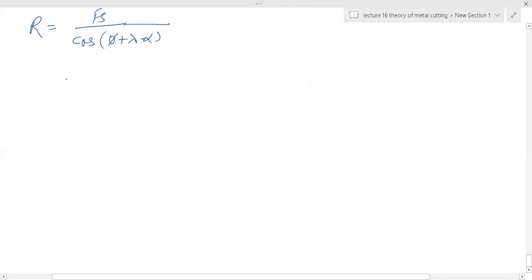So Fs is equal to, we can write, R cos phi plus lambda minus alpha. This we can also use.